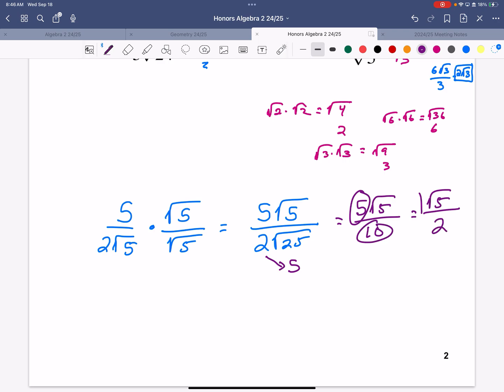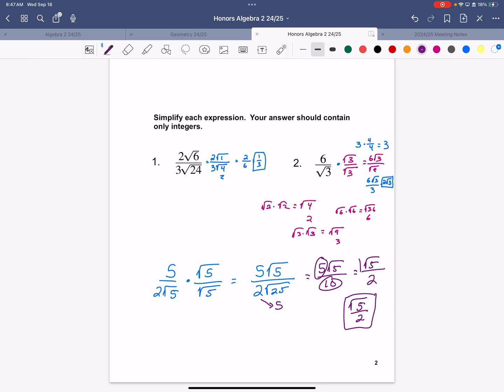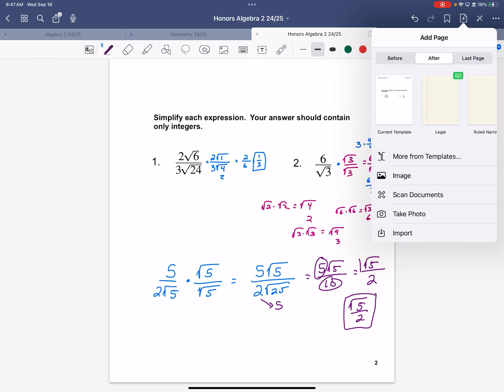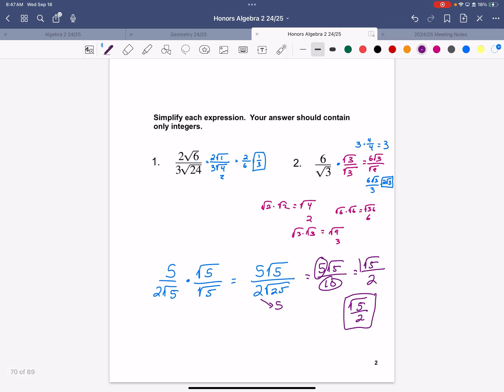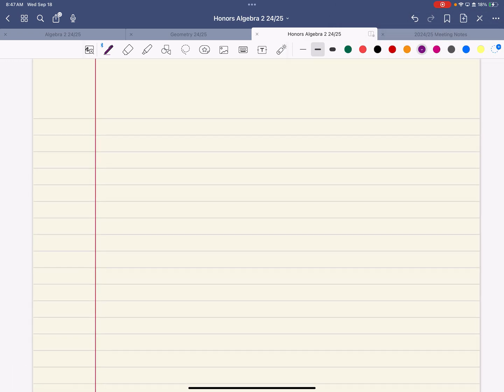This 10 becomes a 2, and you just drop the 1, and that's your solution. You multiply whatever it is, if you've got a single term, by the radical over the radical. And then you simplify using the multiplication stuff that we used yesterday.